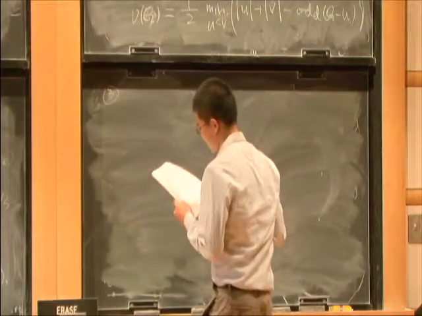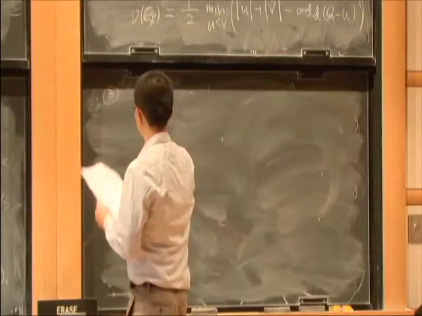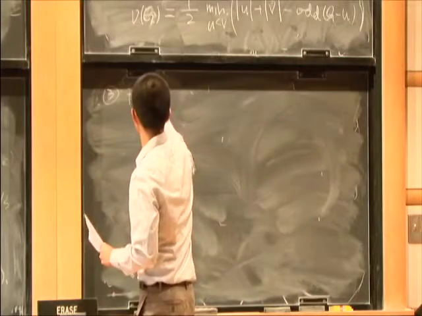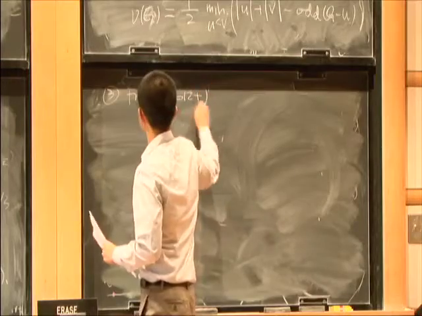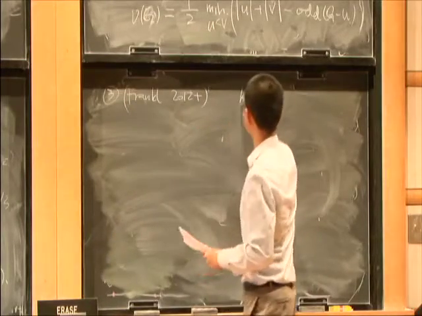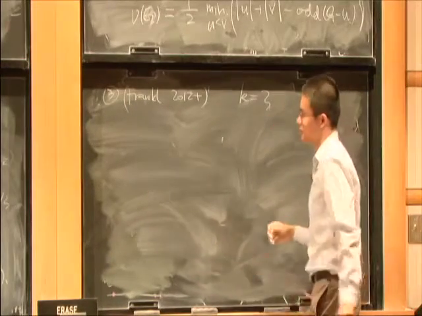And just about a few months ago, Franco claimed that he proved it for the case k equals 3, but he didn't publish the paper yet.